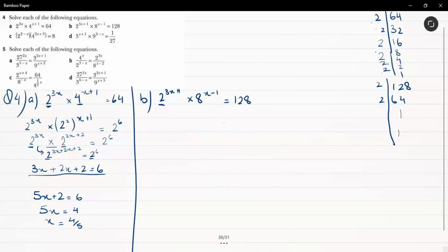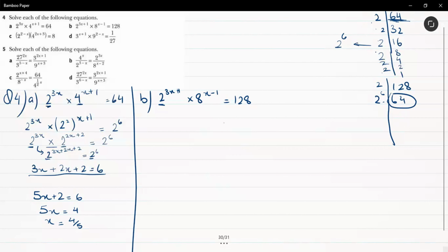We know that 64 is equal to 2 to the power 6. These are some shortcuts you need to know because they'll make your life easier. When 64 is 2 raised to the power 6, we can directly say that it's equal to 2 raised to the power 6.